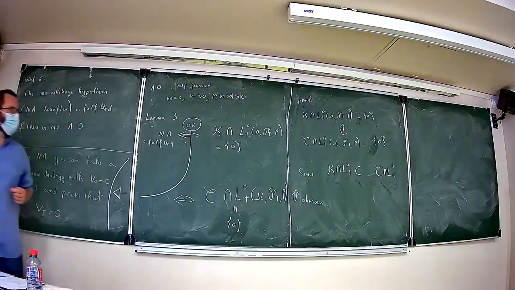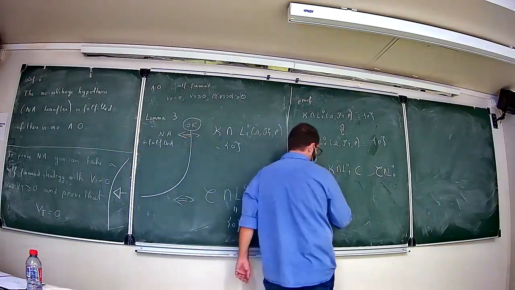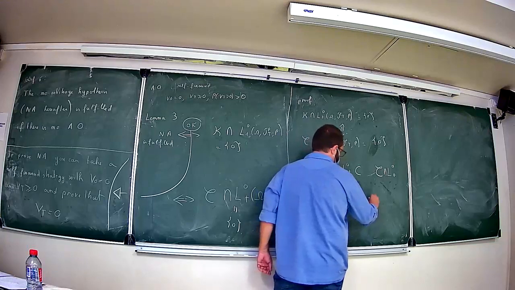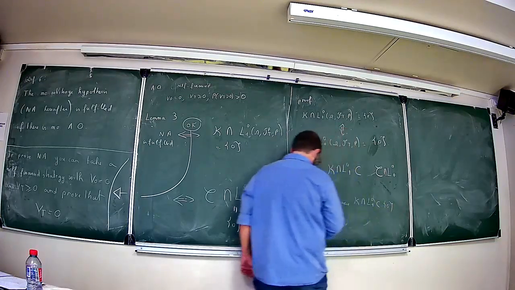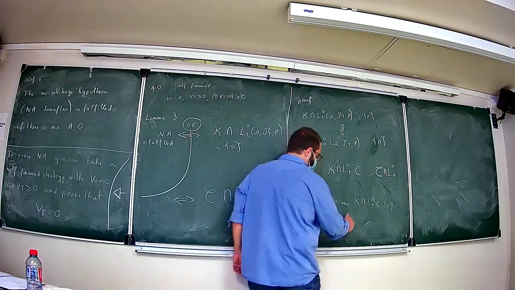So I have this, because K intersected with L0 plus including 0 implies K intersected with L0 plus equal to 0.